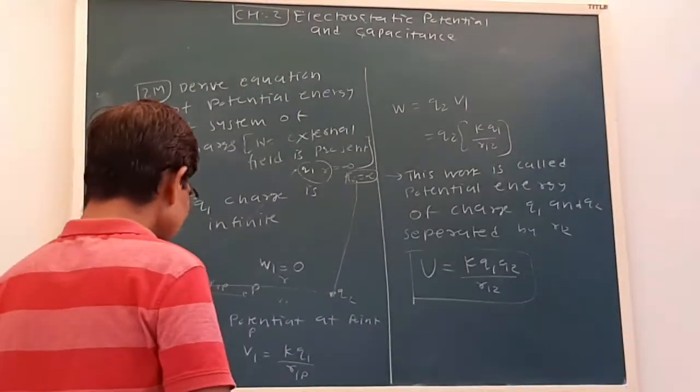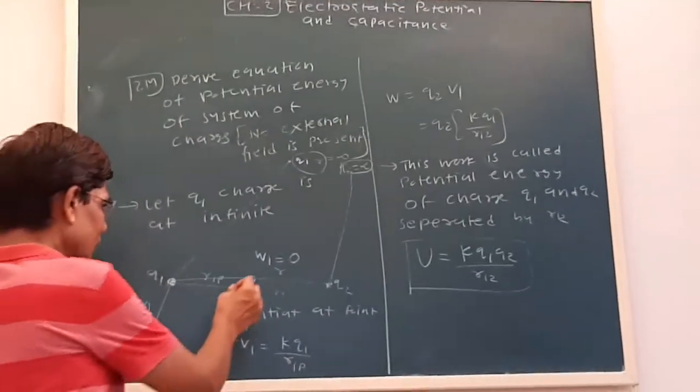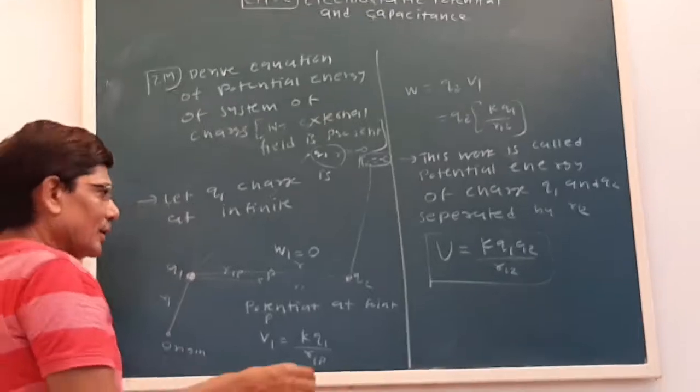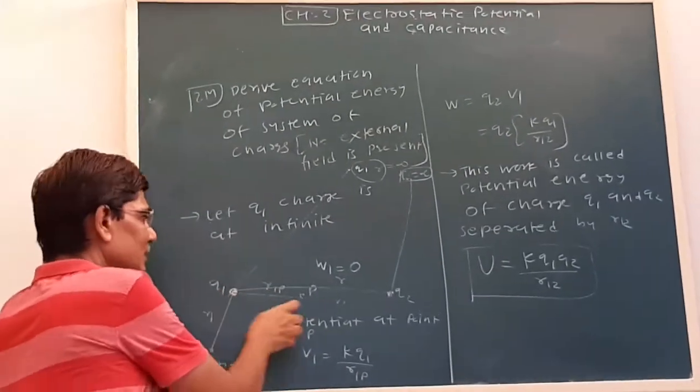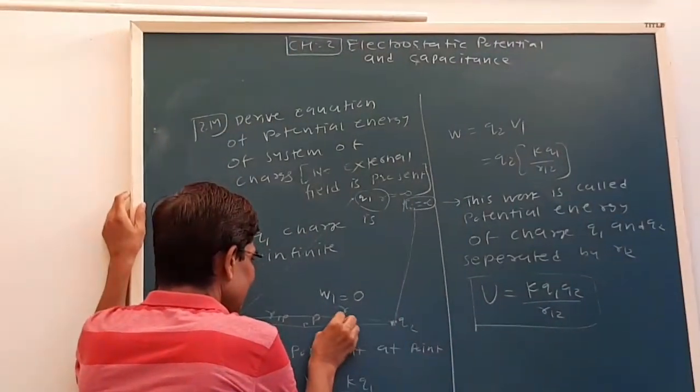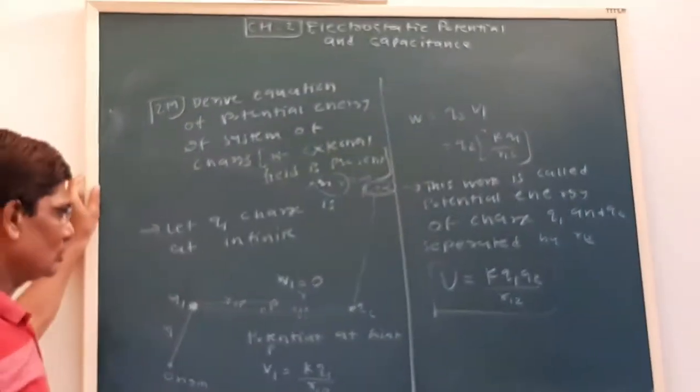Now if we proceed further, let us say point P is at a distance of R1P from the Q1 charge, and R2P from Q2.